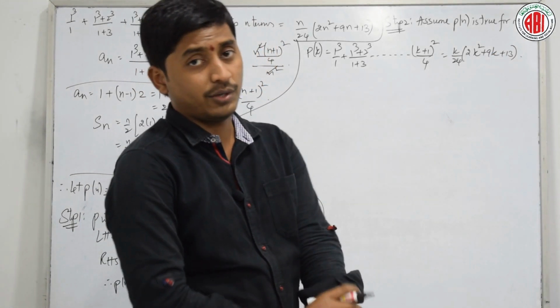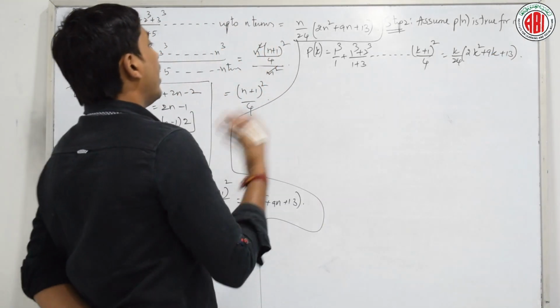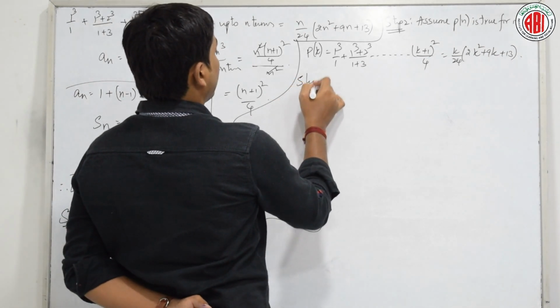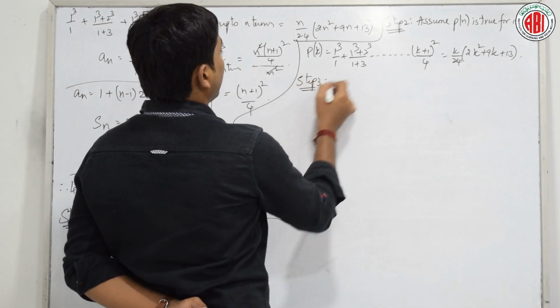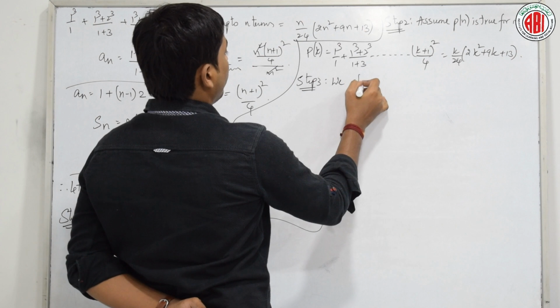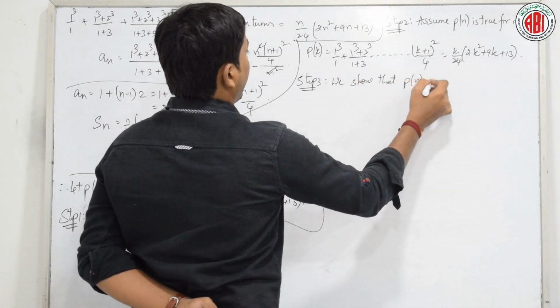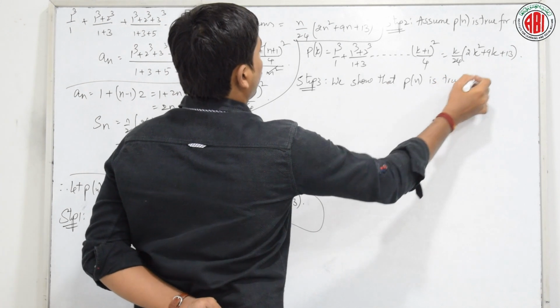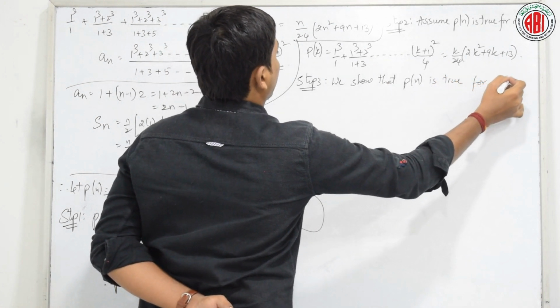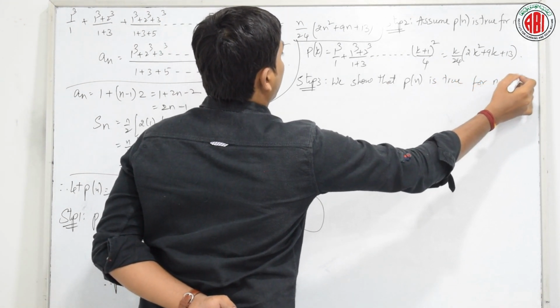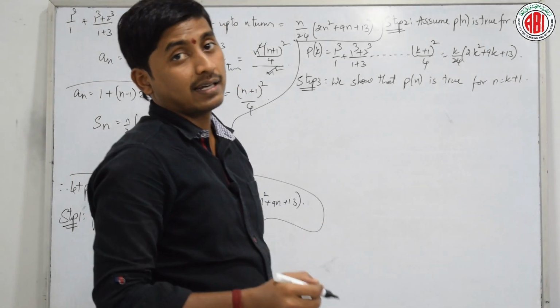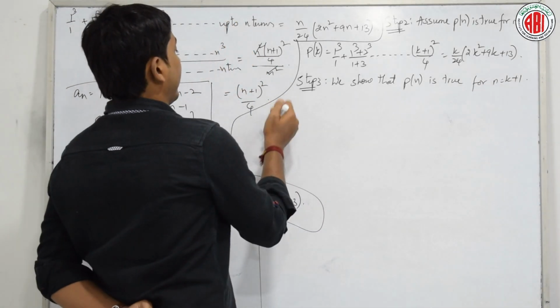Is it fine? Did you understand? Clear. And what will be my next step? Step 3 will be, now we show that P of n is true for n equal to k plus 1. Now let us directly write it.